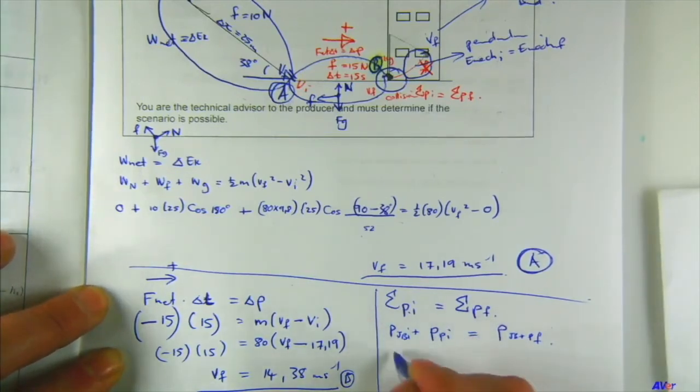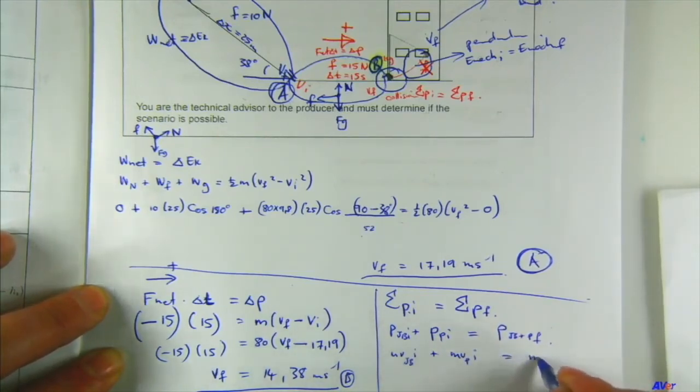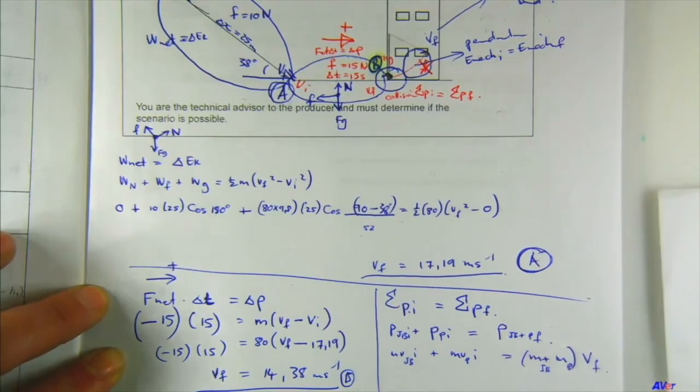Right, so this will be mv, and it is for James Bond before everything. And that is the parcel, m v parcel, before. And that is m plus m for James Bond and the parcel and the final velocity.